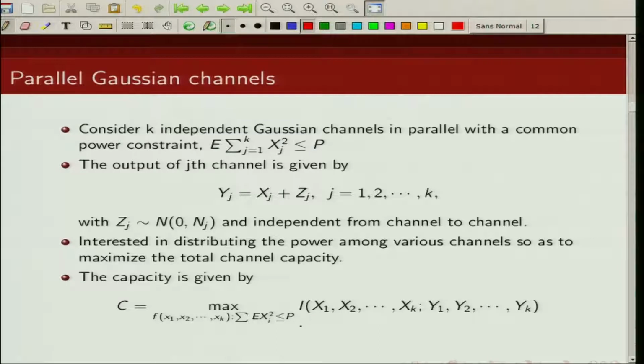From the definition of channel capacity, we can write channel capacity as the maximum of the mutual information between x1, x2, x3, xk and y1, y2, y3, yk, maximized over input distributions with this common power constraint, which says the expected value of xj square is less than or equal to some constraint P.